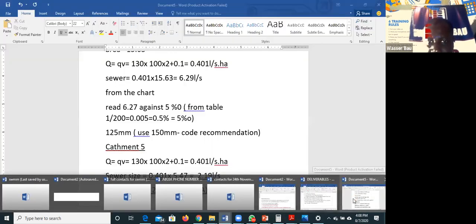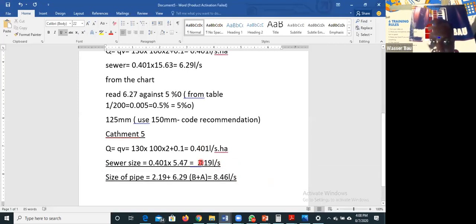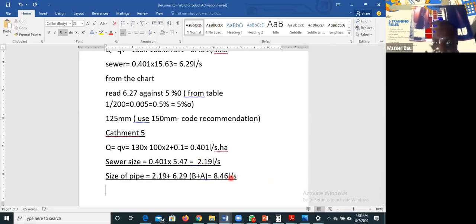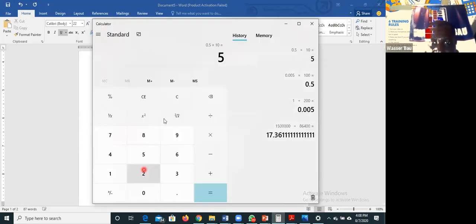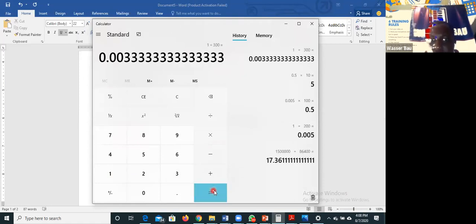We've not calculated the slope of B. Slope of B is 1/300 from the chart. 1/300 means 1 divided by 300, which equals 0.003.